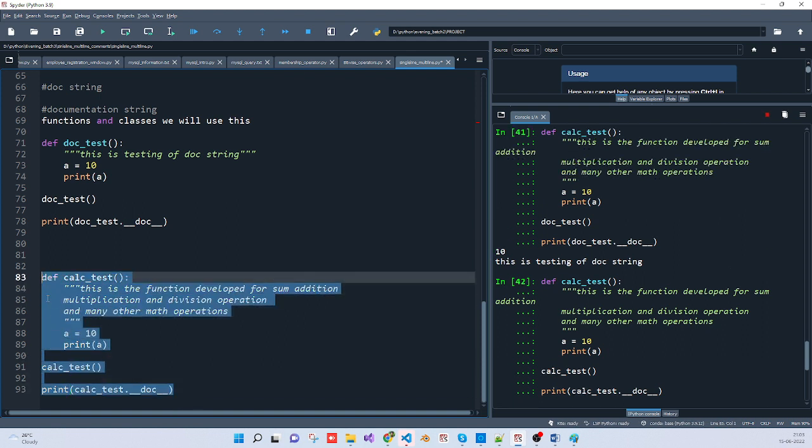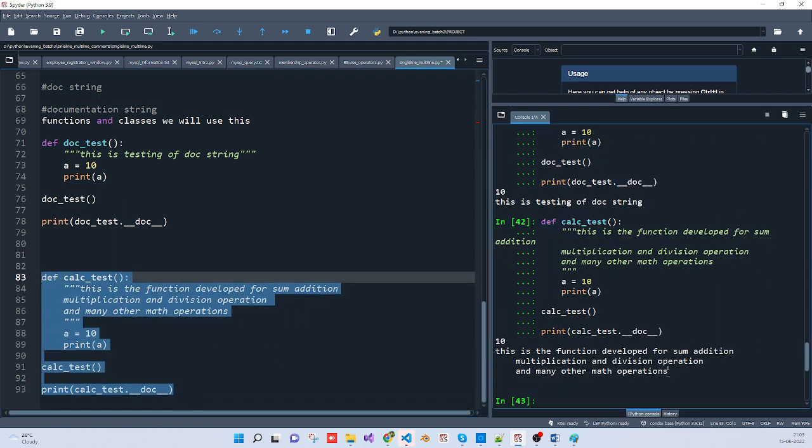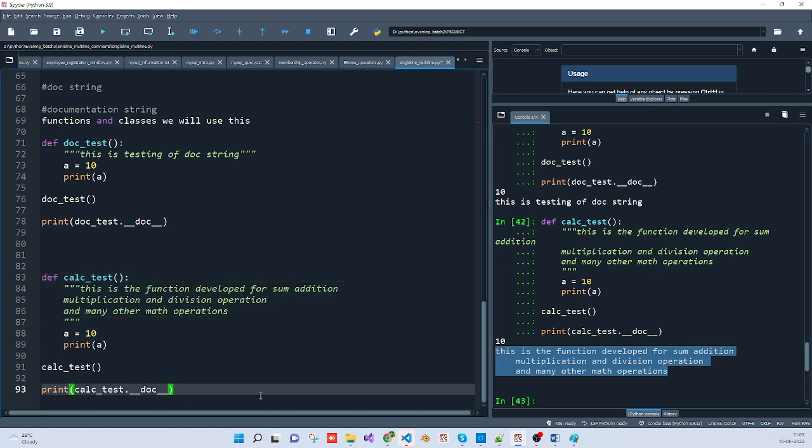Now observe the output. Now I got all this docstring, right? If some guy is writing the code, you don't go through the entire program to understand. You can read the docstring so that you will understand what is the main use of that particular function. Got it?